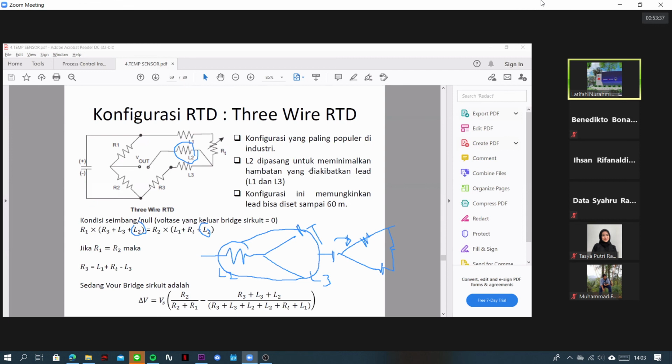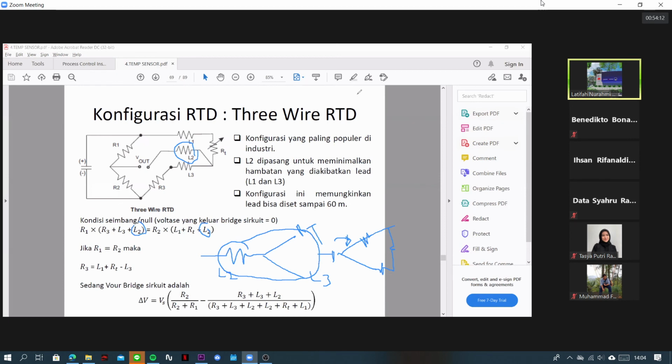Saya kurang jelas apa yang kamu maksud, tapi di sini spesifik pada Wheatstone Bridge. Ada poin antara R1, R2, pertemuannya yang kita sebut tadi sebagai voltage di titik A, kemudian R3 dan R4. Ini Wheatstone Bridge yang pertama. Kemudian R4 di case ini diganti menjadi 3 wire RTD. Kenapa ada L2 di situ?